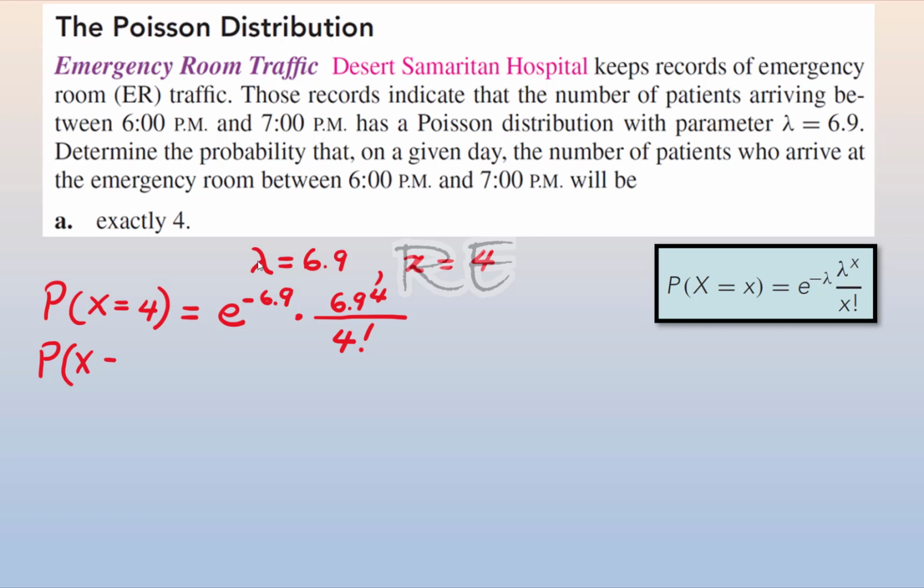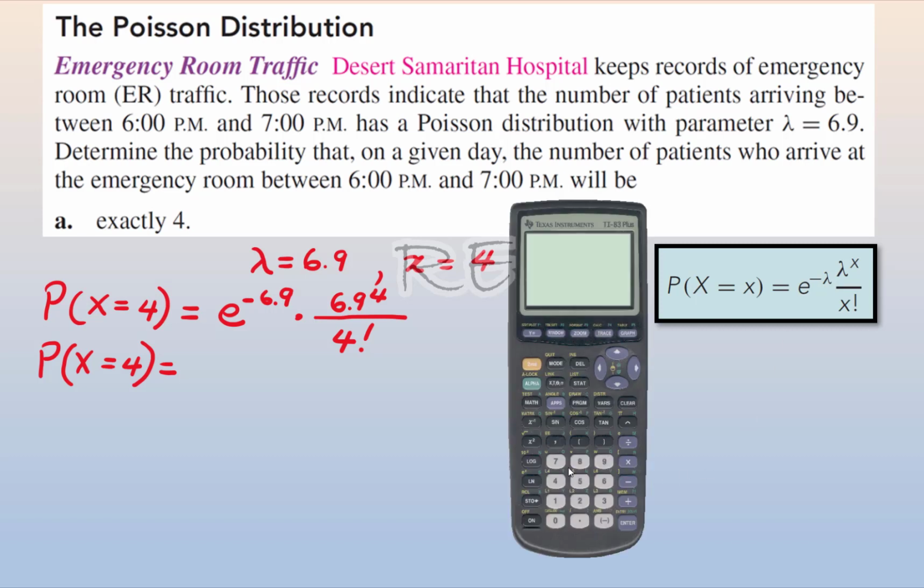Well, let's use the calculator: parenthesis, e to the negative 6.9 times 6.9 to the 4th divided by 4 factorial.